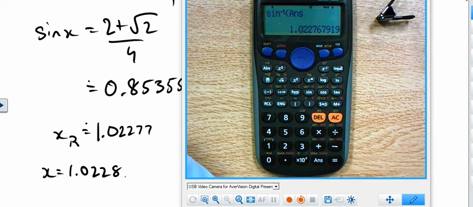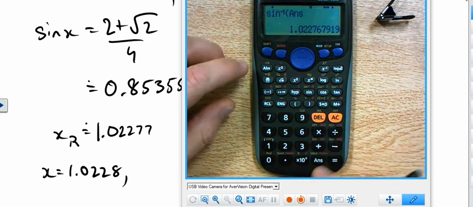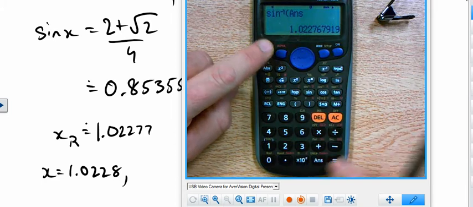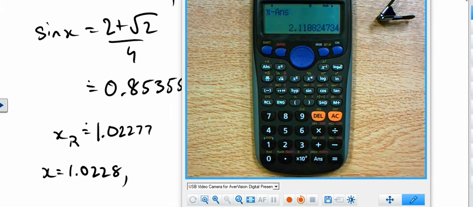And quadrant 2, I said this yesterday, in some cases you might want to split these up and show your answers and think about it. But in this case, it's easy for me to just do, again, I still have the answer on my calculator, and I just do pi minus that answer, and it gives me 2.1188. So because I didn't clear my calculator at all, that answer is pretty exact to 4 decimal places.